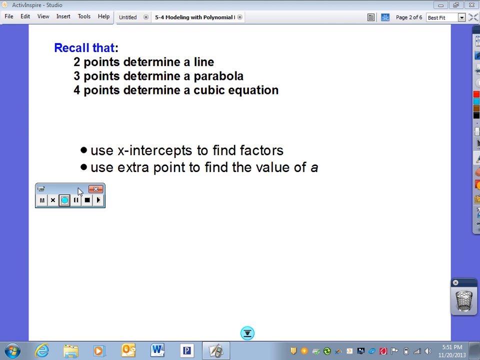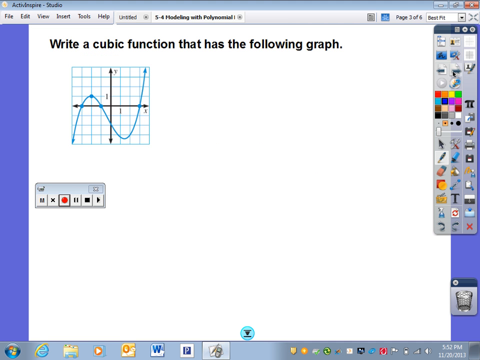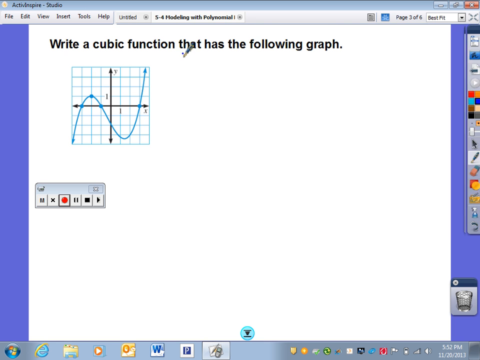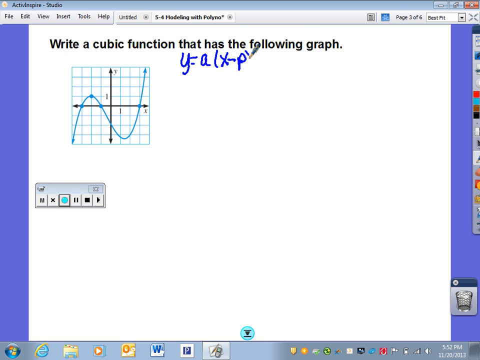We will do this by using x-intercepts to find the factors, and then we'll use those factors along with one other point to find the value of a. We are going to start with this cubic function. And if you recall, when we were writing equations of quadratic functions, we used the intercept form of the quadratic function as y equals a, the leading coefficient, times x minus p times x minus q.